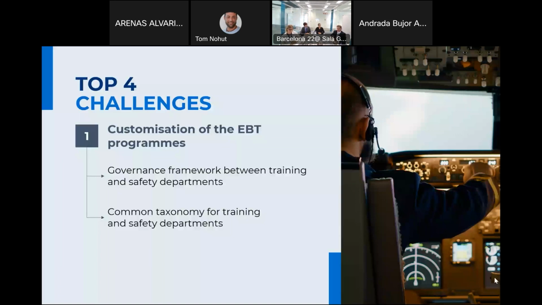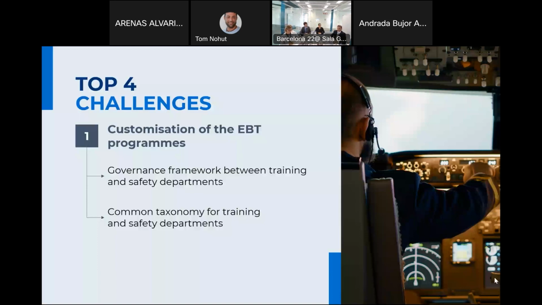And that means that the exchange of safety data to be introduced into the training programs is not always as efficient as it could be. That is mainly due to a lack of root cause information and the missing relationship or mapping between the safety events that are provided by the safety department and the competencies that are used in EBT training.